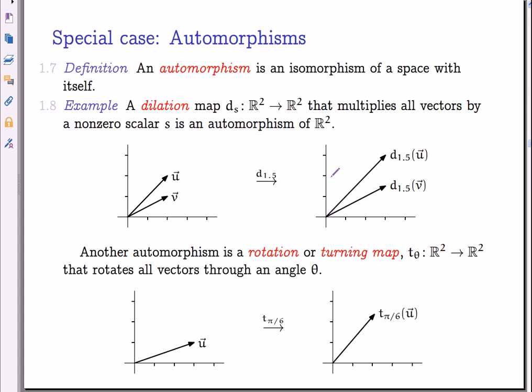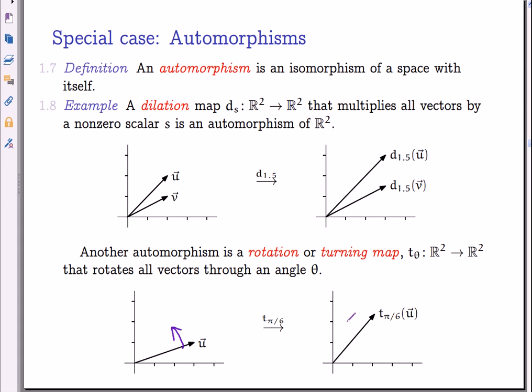Another example is a rotation or turning map. I can take every vector in R2 and rotate it by pi over 6. And in that case, it will give me another vector in the same plane. This is almost like doing your calculations and diagrams on a piece of paper, and then just taking that piece of paper and rotating the whole thing by pi over 6.